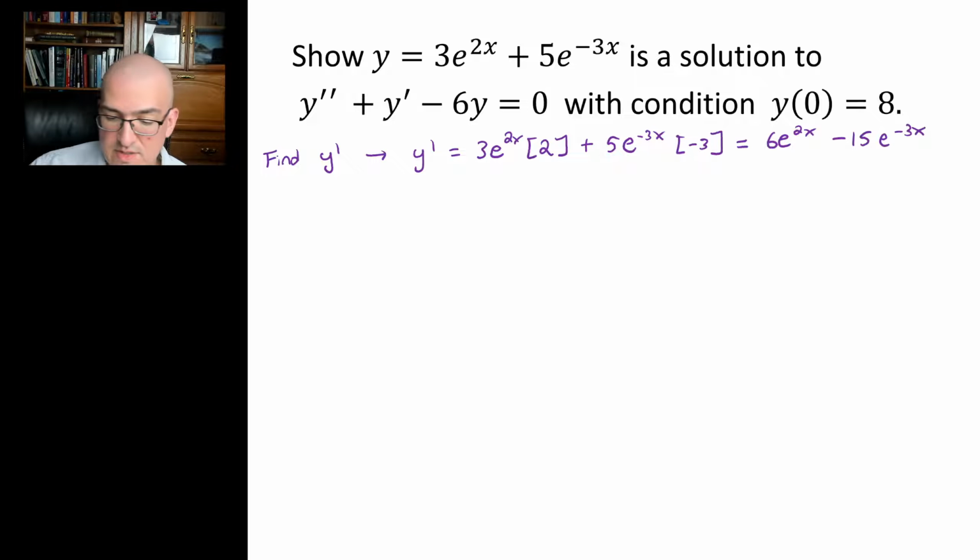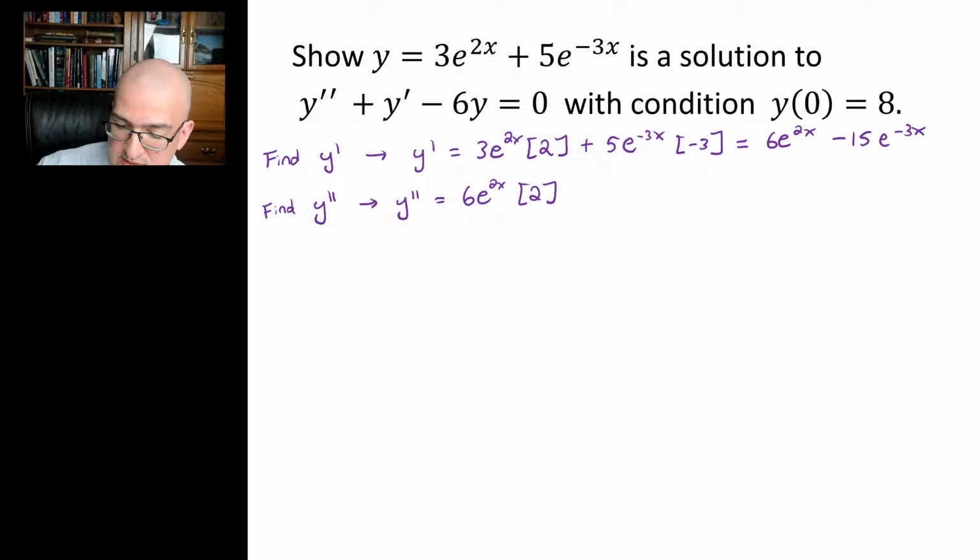The next thing we need is to find y double prime. I'm finding these pieces because I'm going to take them, once we have them, and plug them into y double prime plus y prime minus 6y is equal to 0 and make sure that this function does what it's supposed to do. Okay, y double prime, I'm going to take the derivative of y prime. So the derivative of 6e to the 2x, that'll be 6e to the 2x times 2 for the chain rule.